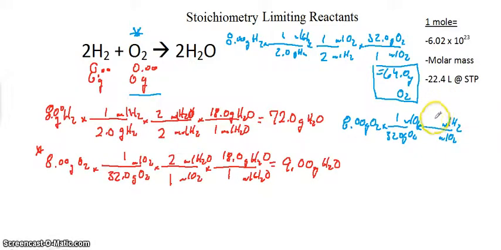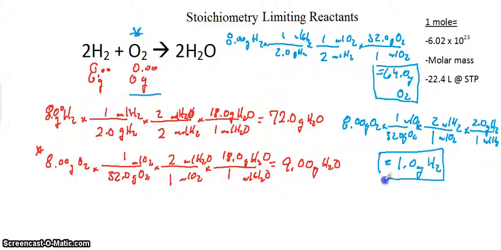And again, I still use the coefficients from the equation, so this is going to be 2 over 1. And then I go from moles of H2 to grams of H2, and that's 2.0 over 1. Now, if I do my math here, 8 times 2 is 16, times 2 is 32, over 32, I'm going to get 1.0 grams. And again, I'm hoping I'm doing all my math right. I'm just kind of doing this off the top of my head.